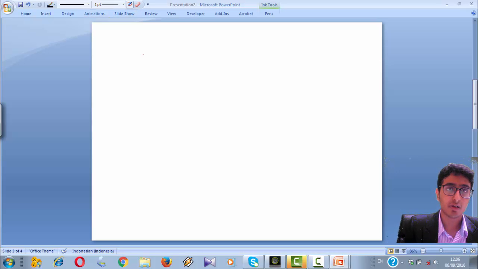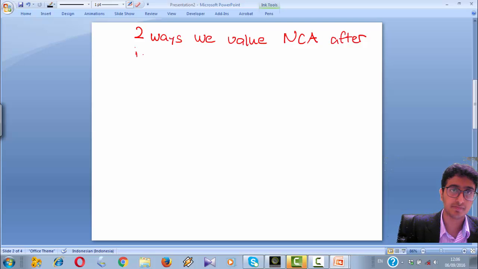Now, once we are done with the initial measurement, there are two ways we value non-current assets after initial measurement.